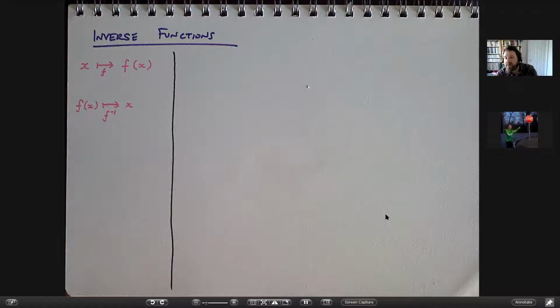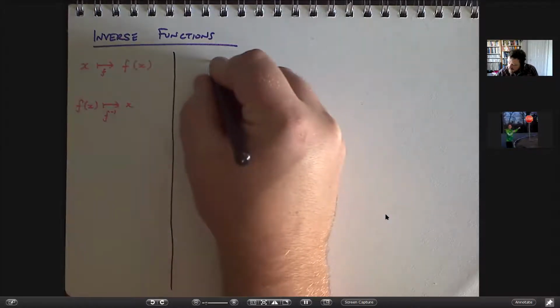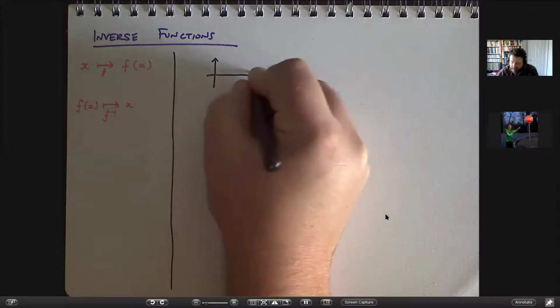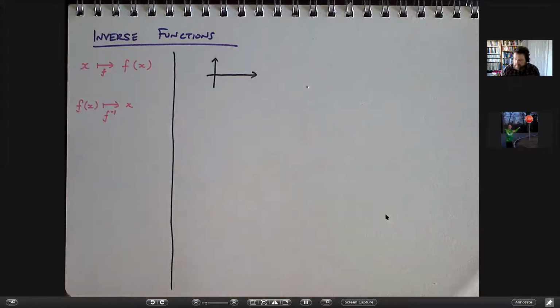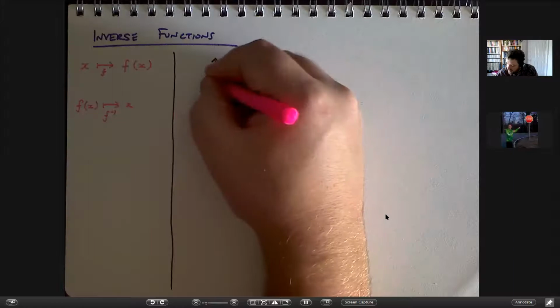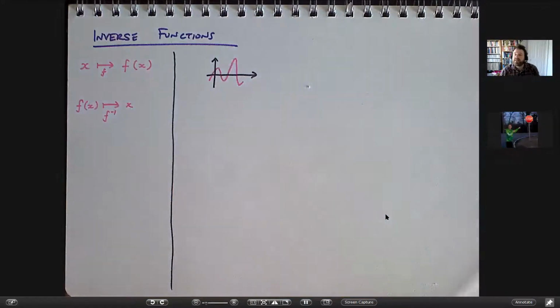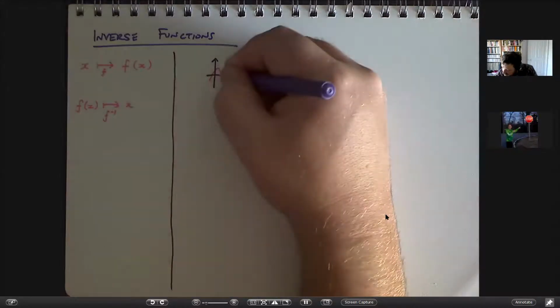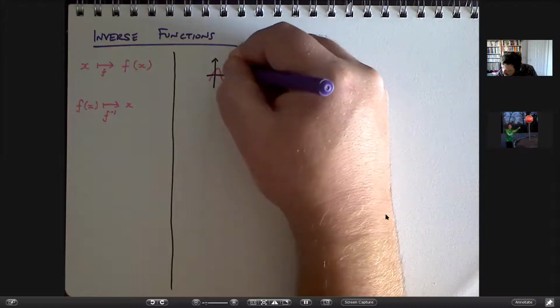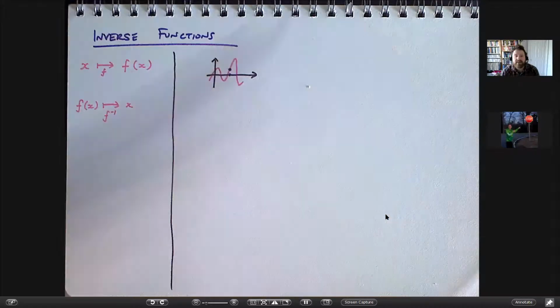Okay, now if you think about it, that won't always be possible, because let's say we have an original function that looks like this. Let's plug in this x value here, and we get this y value here.